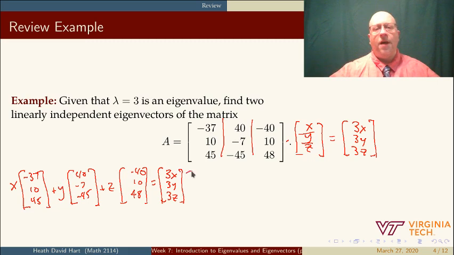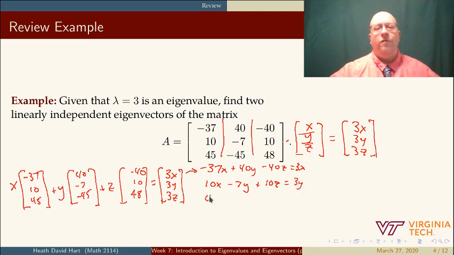If I look at the top row, it says negative 37x plus 40y minus 40z is equal to 3x. The middle row says 10x minus 7y plus 10z equals 3y.